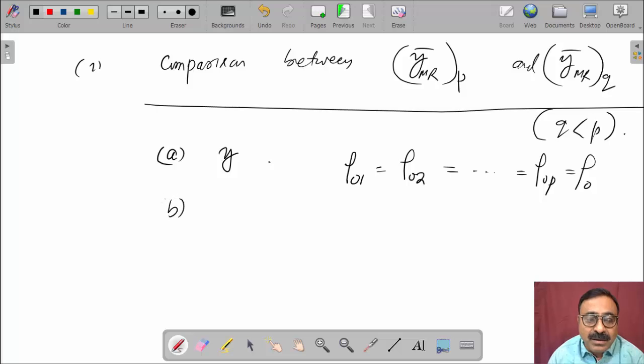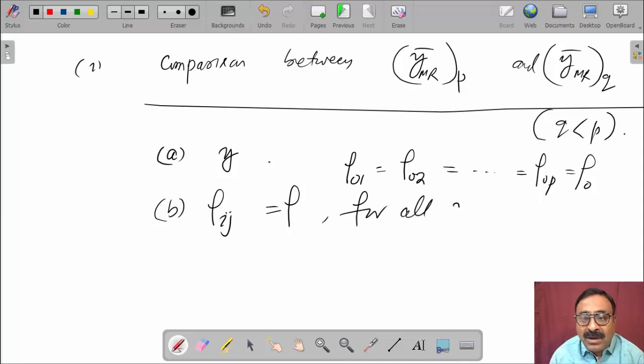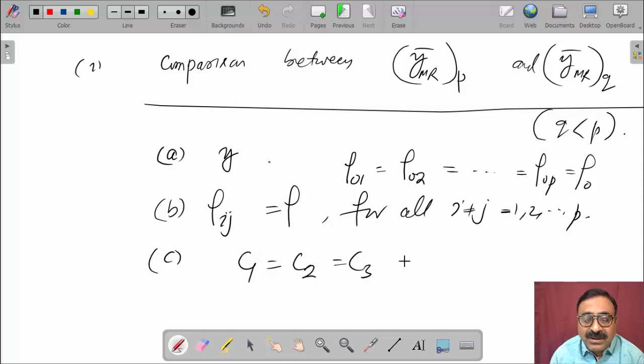Second, rho ij equals rho for all i not equal to j varying from 1 to p. That is, the correlation between any two auxiliary variables is the same. Now the third assumption: the coefficients of variation of all the auxiliary variables are the same. That is, C1 equals C2 equals C3 equals Cp equals C.